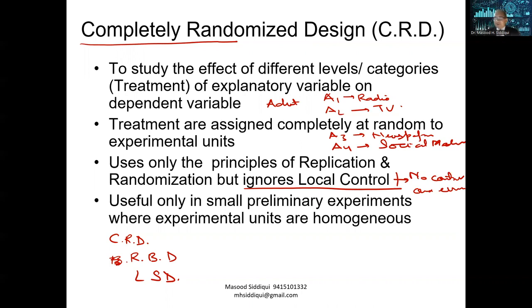Because if there is some variability in the extraneous factor, the results would be badly affected. So in which situation is it possible that all the units should be exactly similar, or homogeneous? That is why it is useful in a small preliminary experiment when experimental units are fully homogeneous, meaning there is no heterogeneity that may produce an extraneous effect.